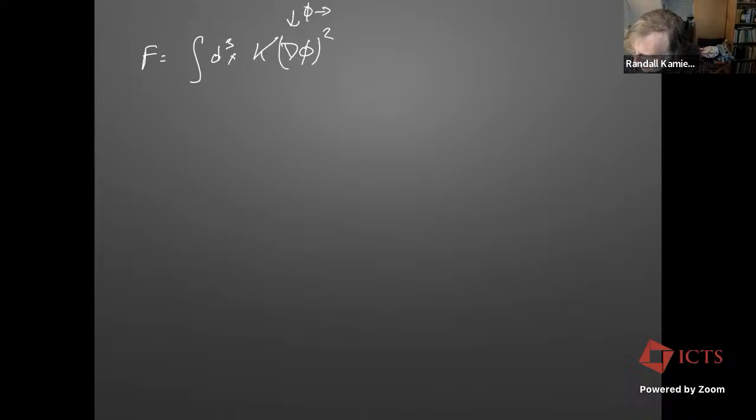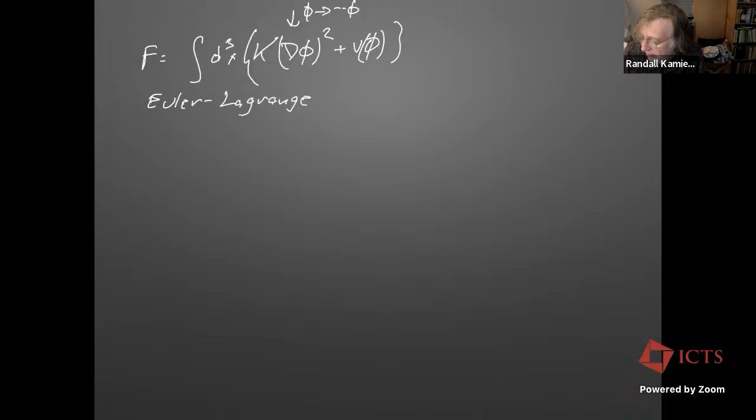And so writing down my energy again, I have F is the integral over space of K grad phi squared. Notice that this automatically has phi goes to minus phi symmetry, plus V of phi, like so. And let me imagine the Euler-Lagrange equations. Remember, I'm allowed to use them because I showed their picture yesterday.